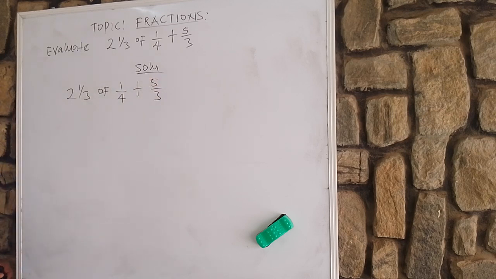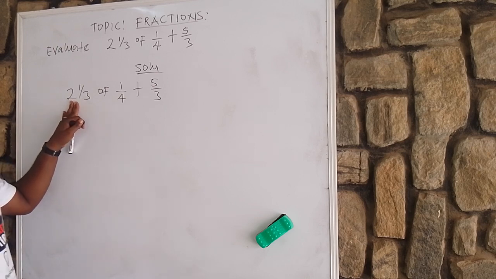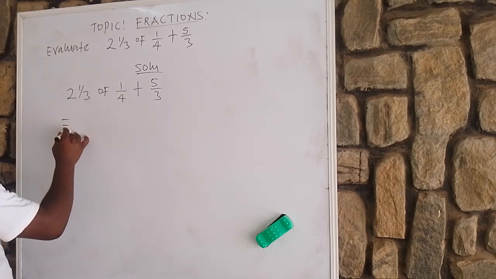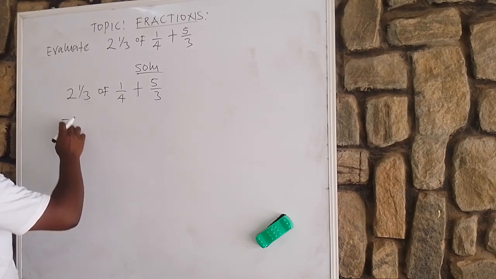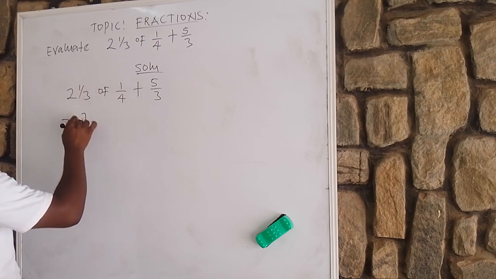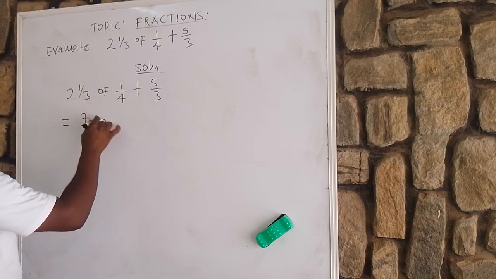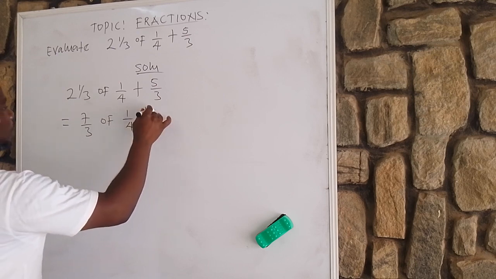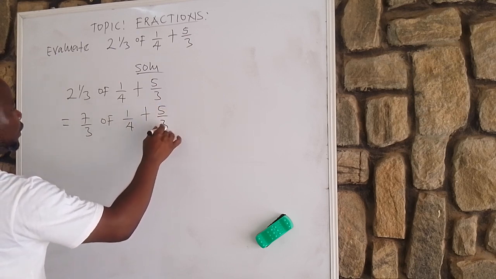We must convert this to what? Improper fraction. So this is equals to 3 times 2, 6 plus 1, 7 all over 3 of 1 all over 4 plus 5 all over 3.